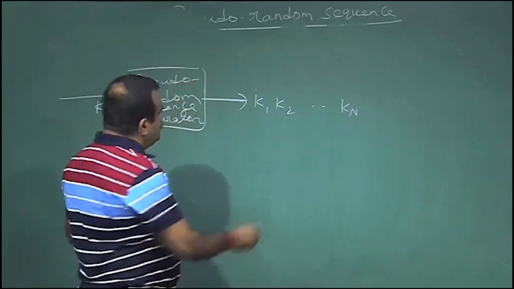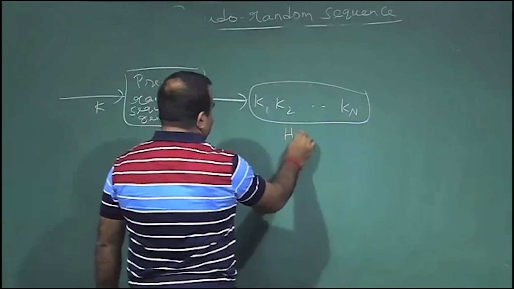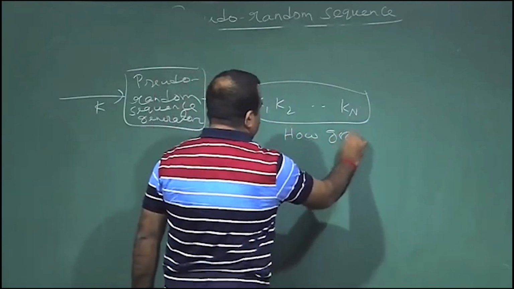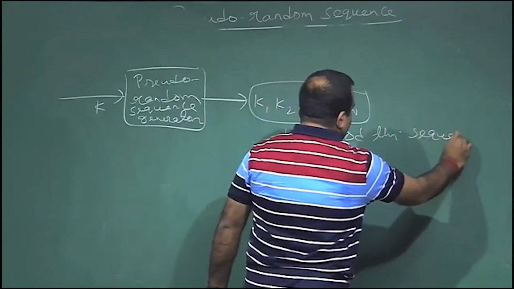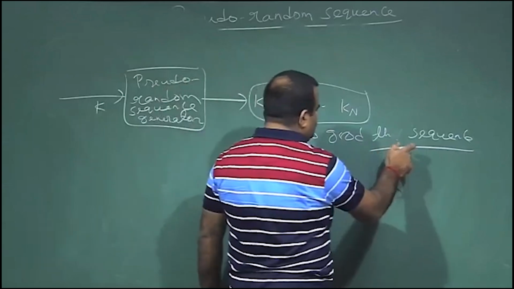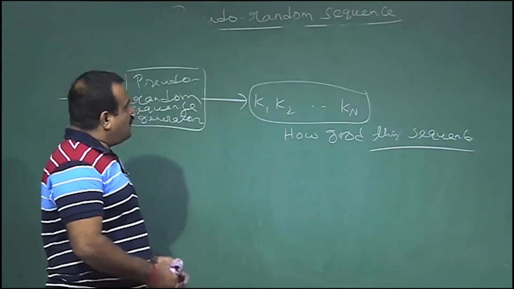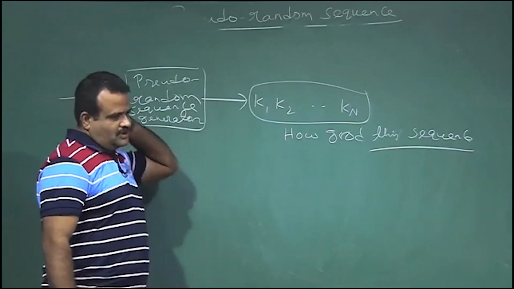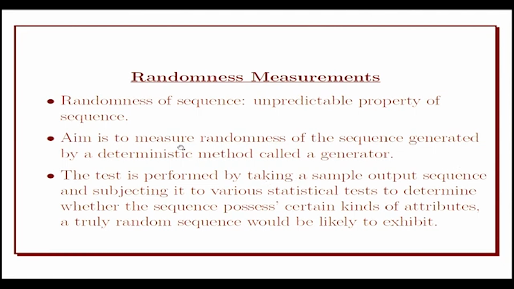Now we want to see how good this sequence is. So, we take a period of this sequence and we do some randomness tests on it. So, how random is this sequence? We will do the randomness measurement on this sequence.